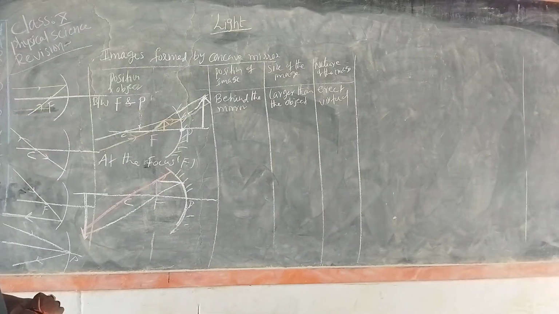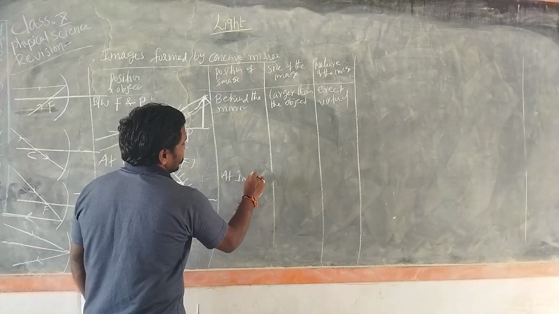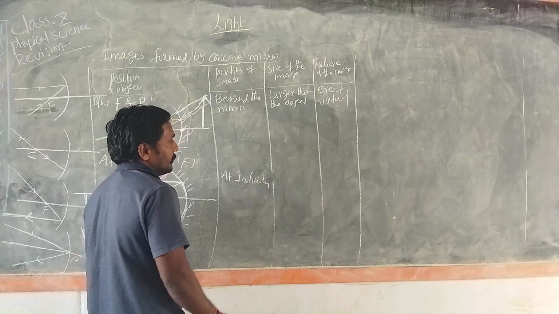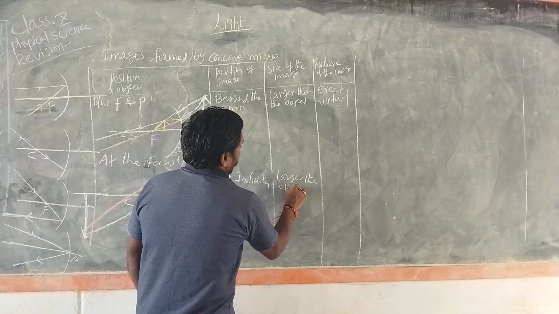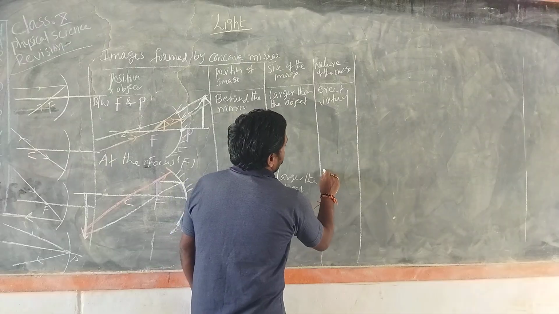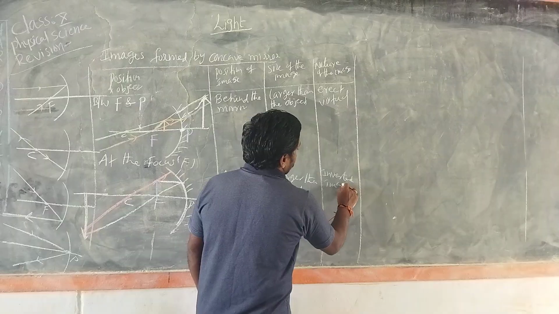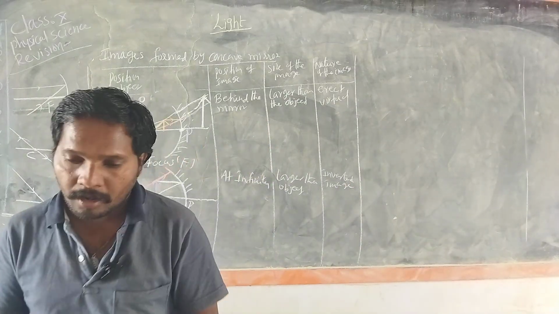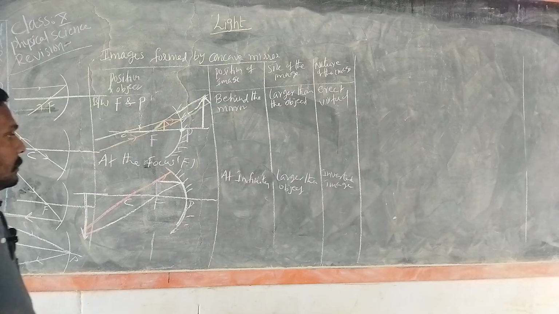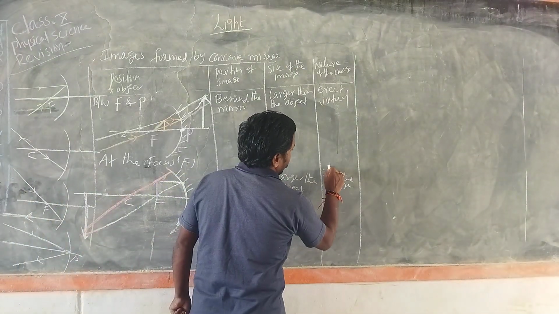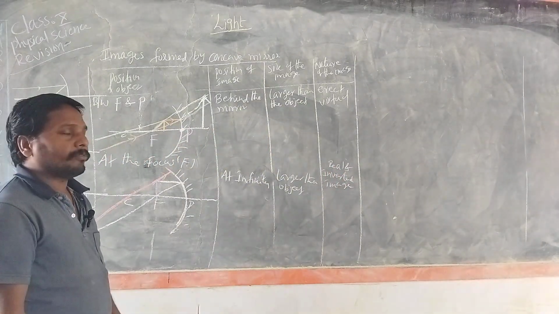If the object is placed at the focus, the image is formed at infinity. As usual, larger than the object. Inverted image is formed when placed at the focus. Real and inverted image is formed.